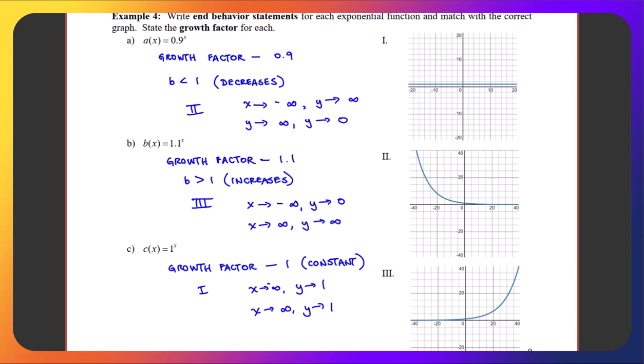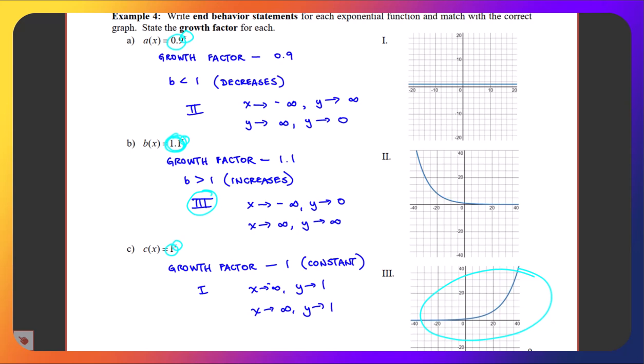So we can see in example 4, all of them are exponential functions. The variable is in the exponent position. The key difference is the b value or the base. We saw that if the base is bigger than 1, it's going to grow like this one. So that's Roman numeral 3.